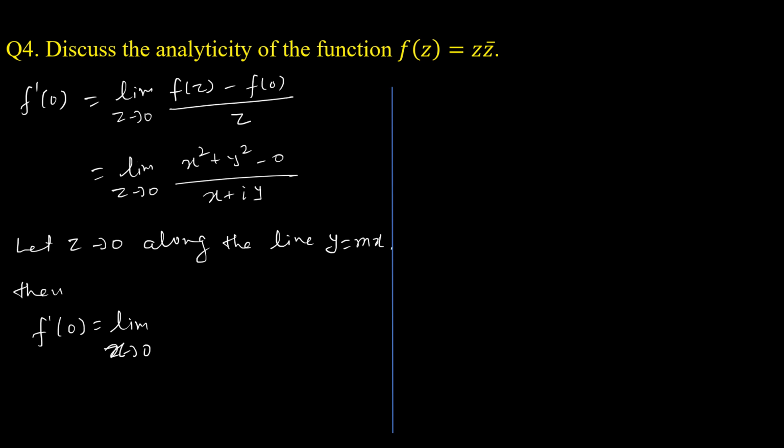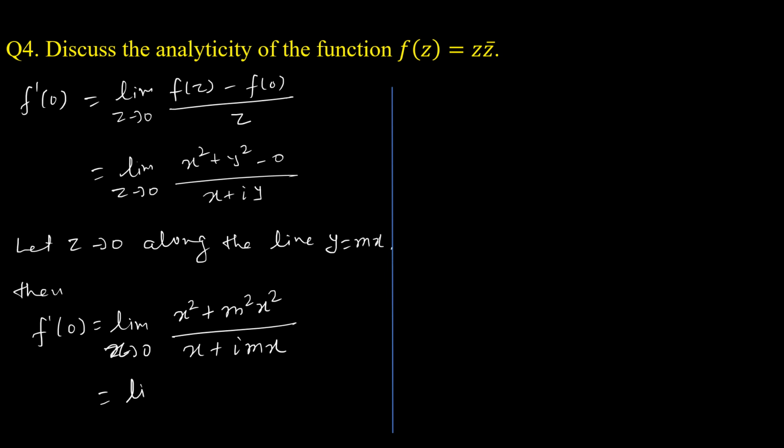So directly we can write x tends to 0 and x square plus y square. So it will be x square plus y is equals to mx. So it is m square x square upon x plus i mx, that we can write. Now what we see, one x is the common, so that will be neglected here.